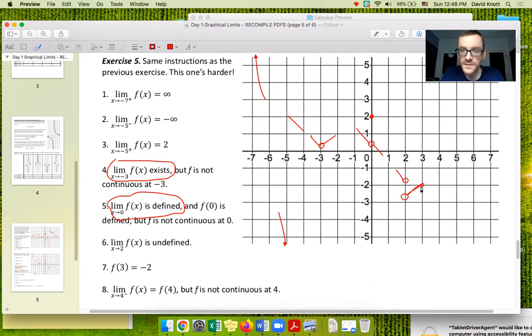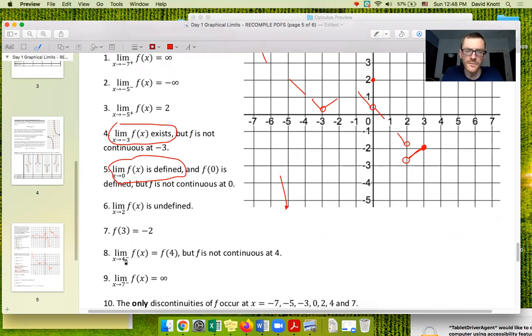I'll put a full dot there. Okay, so that's going to make sure that number 6 is still satisfied, right? The two-handed limit at 2 is undefined because you're approaching 2 different values from either side. But also f of 3 is equal to -2. As you can see, I've got that full black dot there.